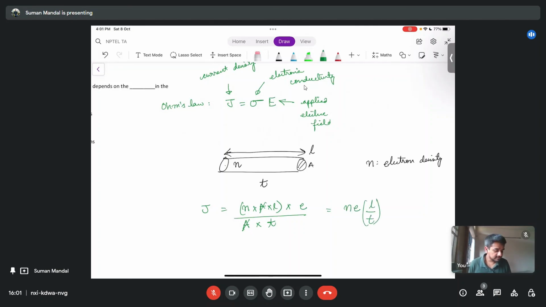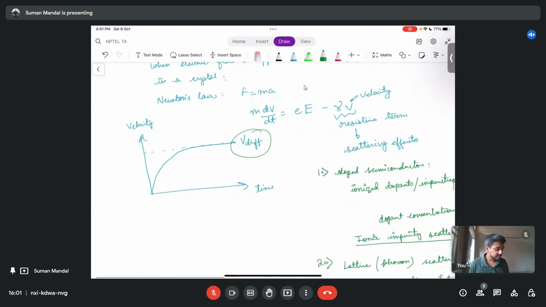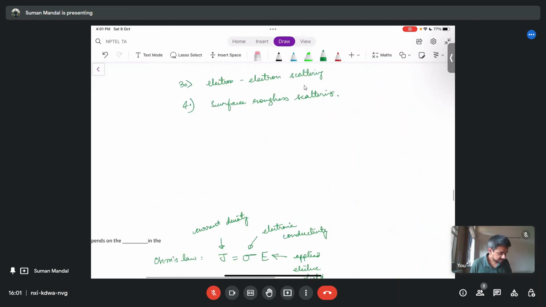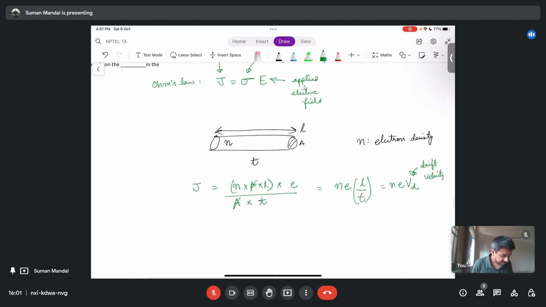Now we know from the previous question that there's a drift velocity at which things will move. So L by t is nothing but the drift velocity. This is N E v_d.